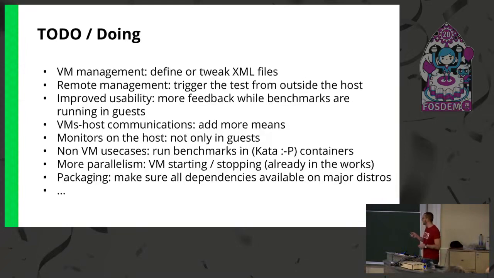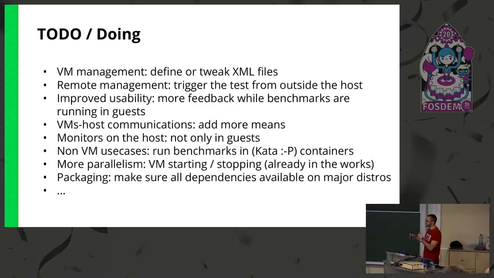And yeah, so these are a list of things that I plan specifically for the virtualization extensions: running stuff not only in VMs but also in containers, maybe Kata containers, which is another fancy thing. I want the VM starting and stopping process to be more parallel.